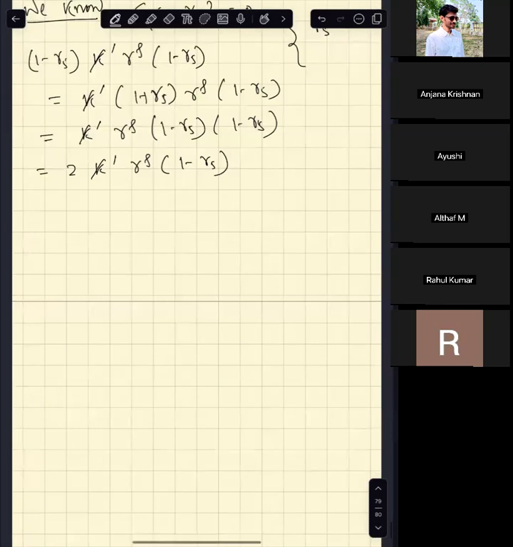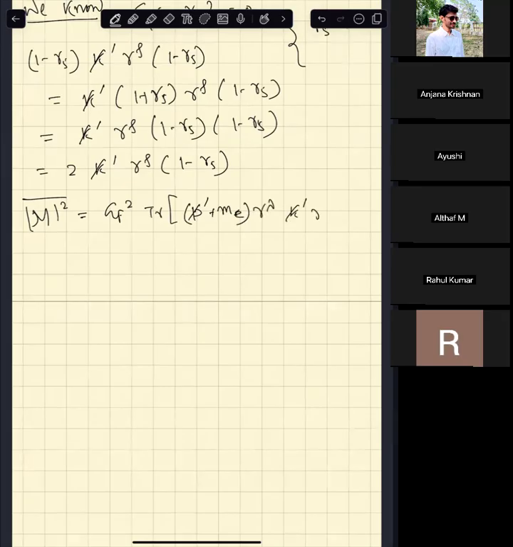And if we do that, then we can write down this mod M square average as GF square, trace of P slash prime plus Me, gamma lambda, K slash prime, gamma rho, 1 minus gamma 5, and then trace of K slash, gamma lambda, P slash plus M mu, and then gamma rho, 1 minus gamma 5.